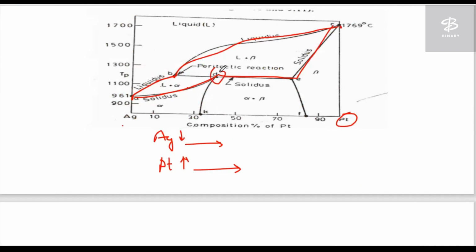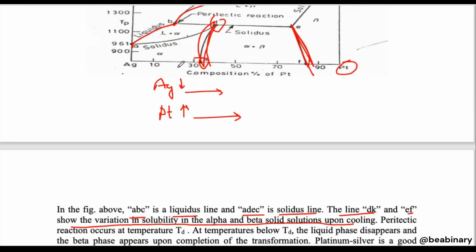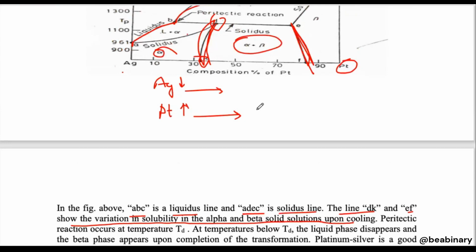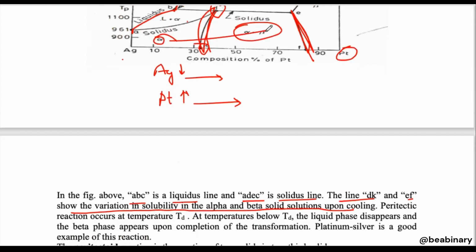This one is E and F. These two lines show the solubility in the alpha and beta solid solutions upon cooling. This is the alpha solid and this is your alpha plus beta solid. So as you can see, directly they are converted into two different solids.